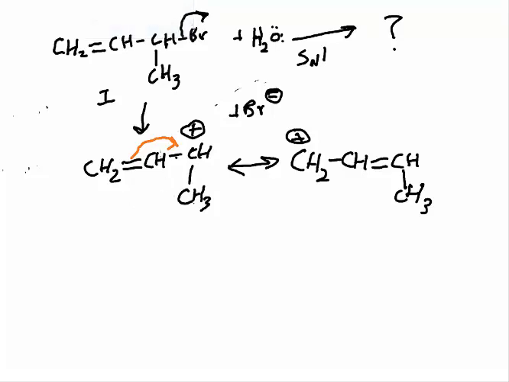All right. So let's work on the first resonance structure here. In the SN1 hydrolysis, the first step is forming the carbocation. The second step is attachment of the nucleophile, which is water. So that's what I want to do here. I want to attach water as a nucleophile.